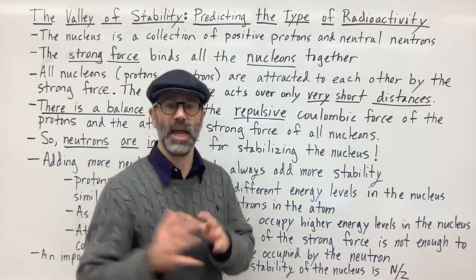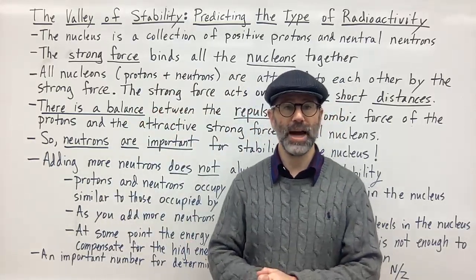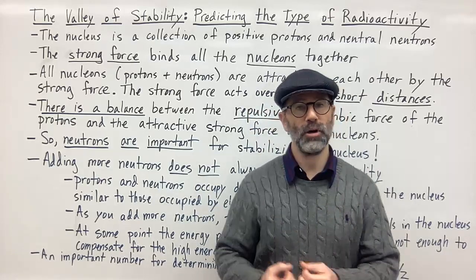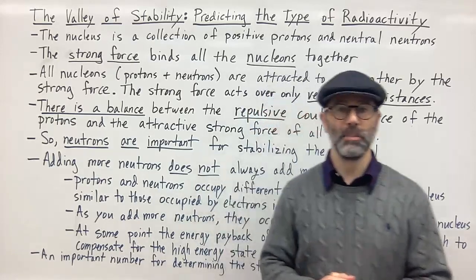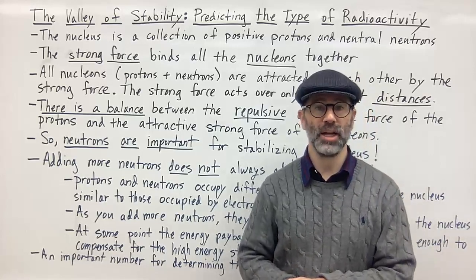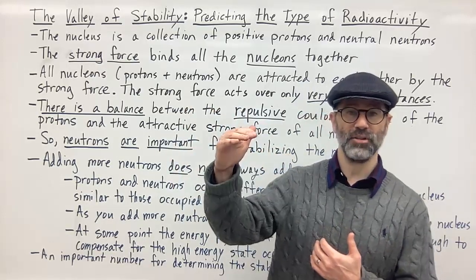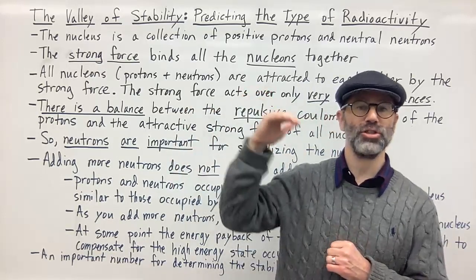And then there becomes a point at which the payoff from the attractive strong force is not going to compensate for the high energy state that the neutron is occupying. If you add more neutrons, those higher energy neutrons have too high an energy.